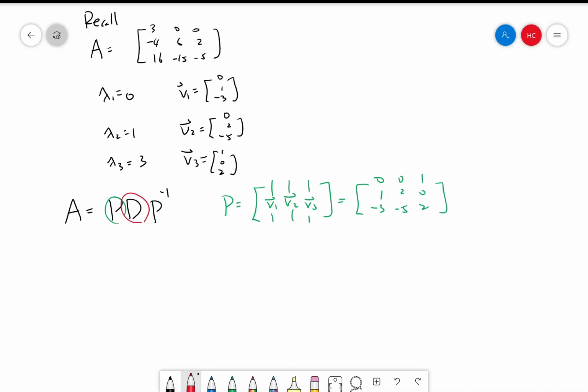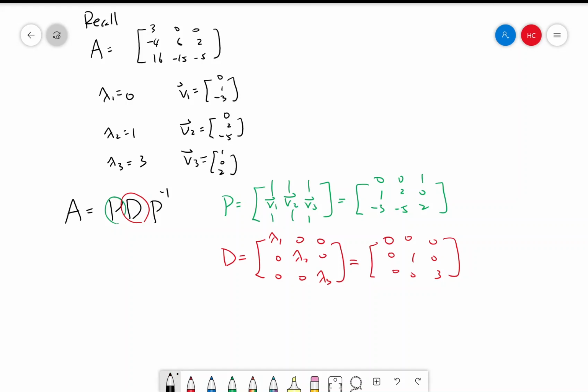And D is the diagonal matrix with diagonal entries being the eigenvalues corresponding to the eigenvectors. So lambda 1, lambda 2, lambda 3. So this is equal to 0, 1, 3, the rest being 0. Okay.